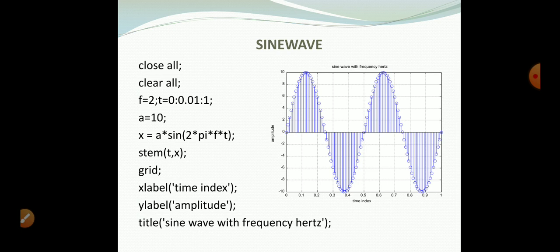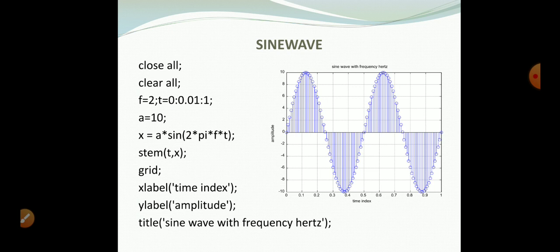In the x-axis the time index is represented and its limit is 0 to 1, and in the limit of 0 to 1 the step is 1 by 100. 0.01 means 1 by 100. That means 100 samples are represented between the 0 to 1 limit. And here the amplitude of the sine wave is given as a equal to 10.